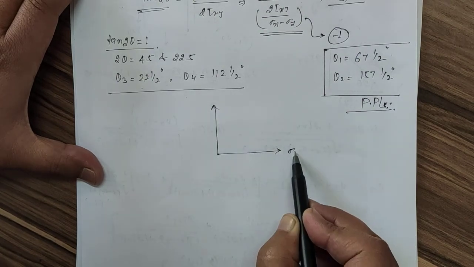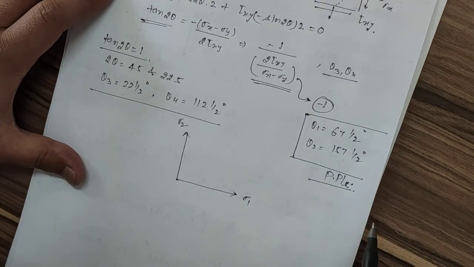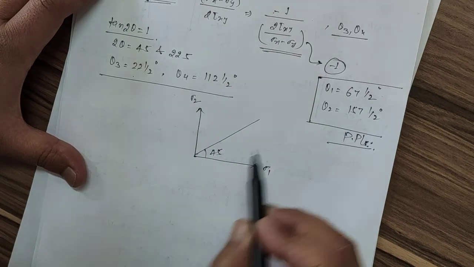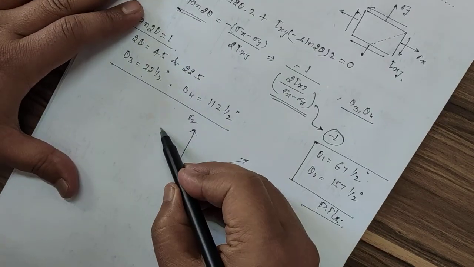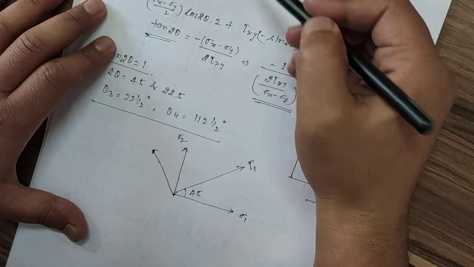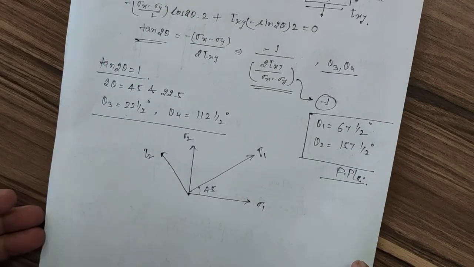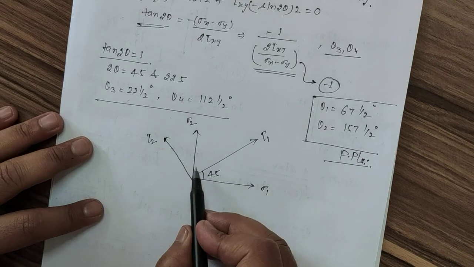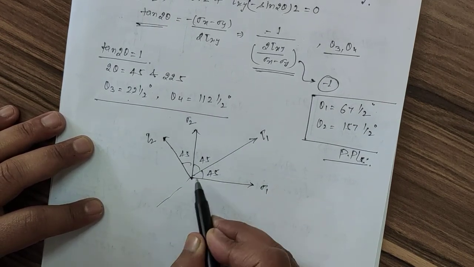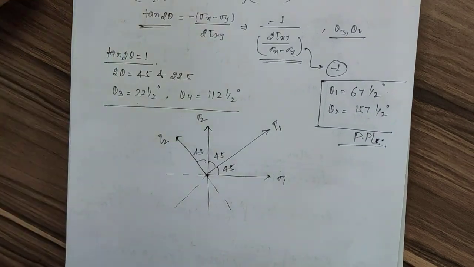This is the sigma 1 plane and this is the sigma 2 plane. The tau 1 plane is the maximum shear stress plane, and the tau 2 plane is the minimum shear stress plane. So the angle between each plane is 45 degree. These are the two observations we are having.